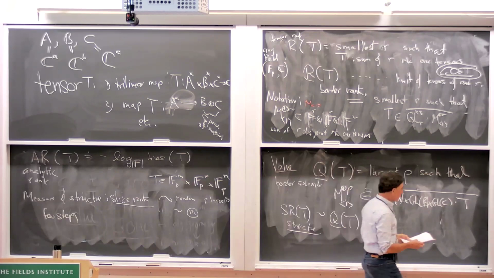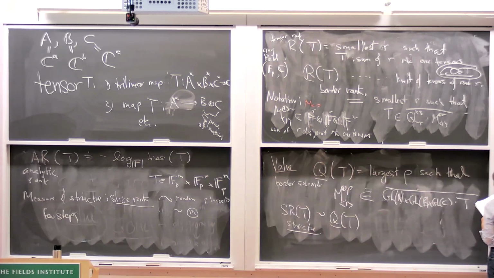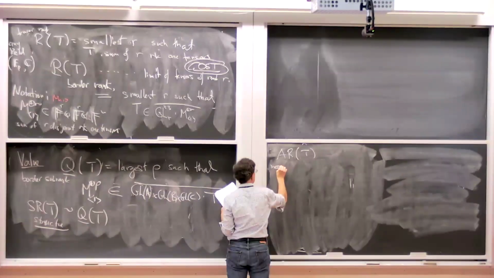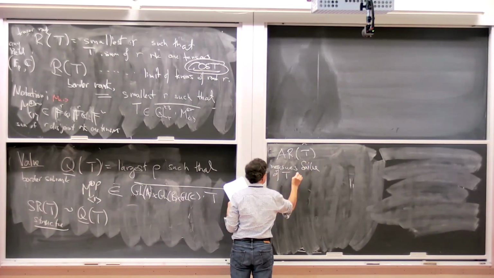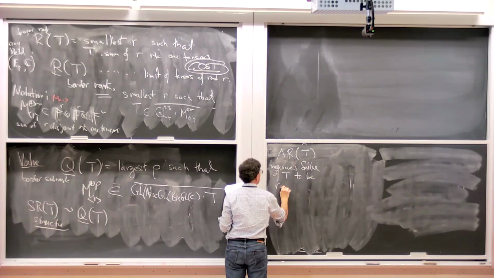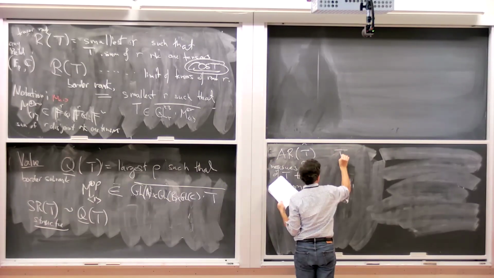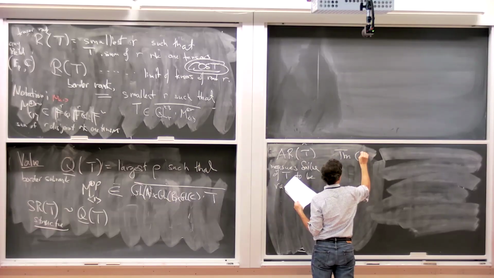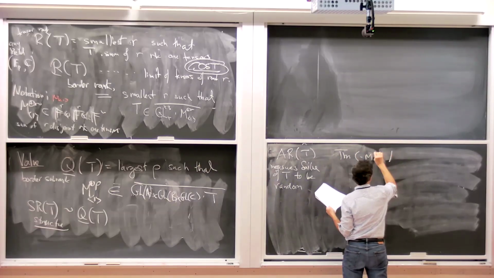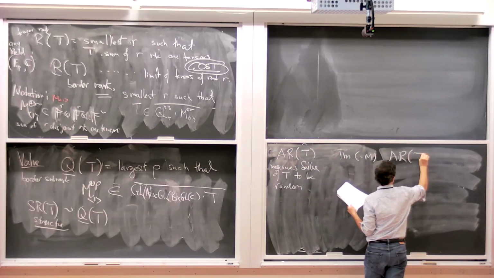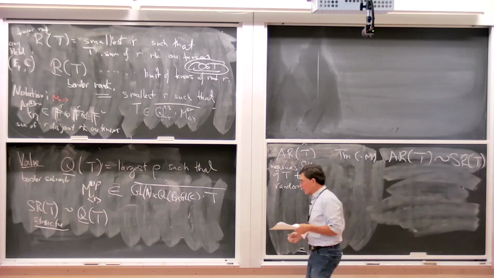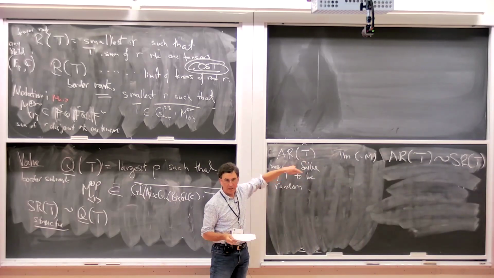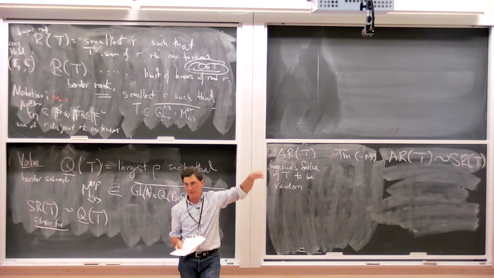Now, then we have this analytic rank, which measures, I remind you, failure of T to be random. And the Cohen-Moshkevich theorem is that these two things are essentially the same. So there are constants that bound them, like one is no more than twice the other, et cetera.